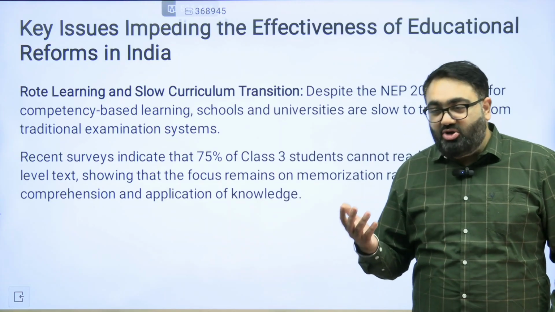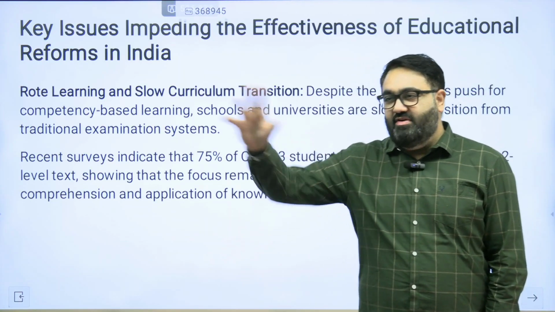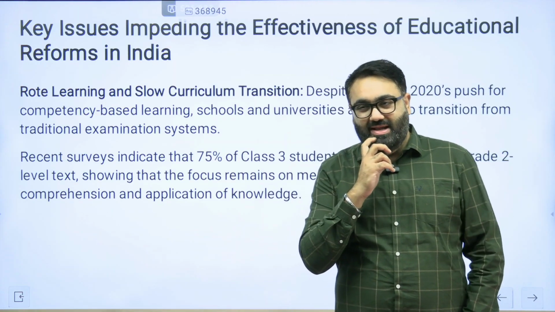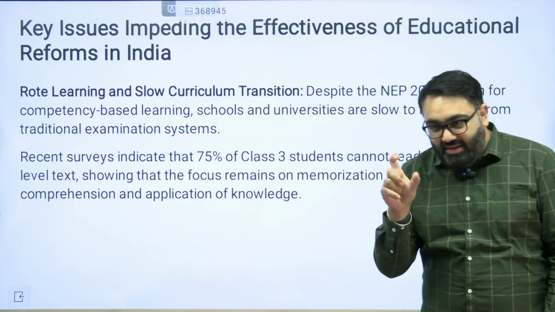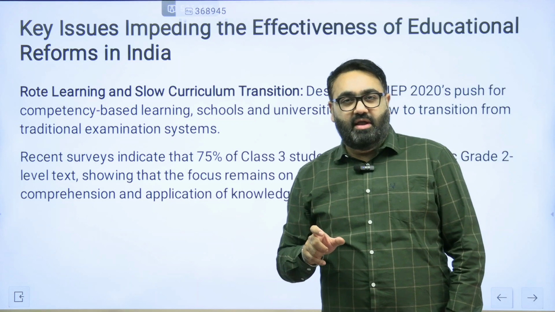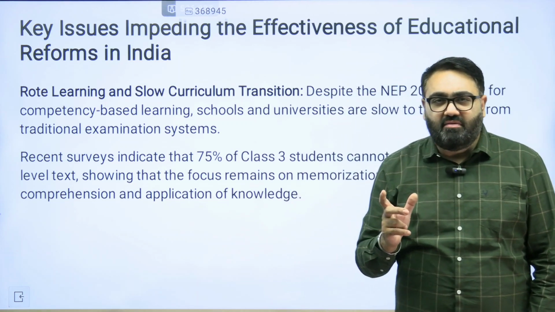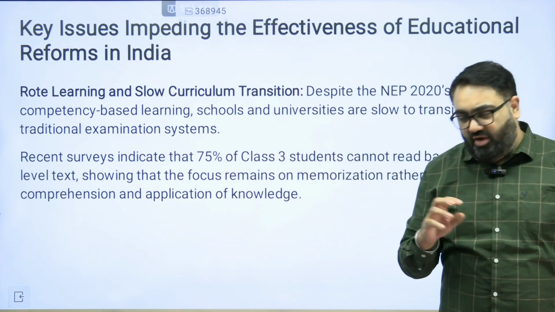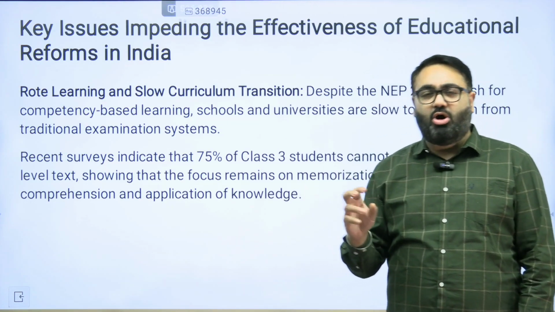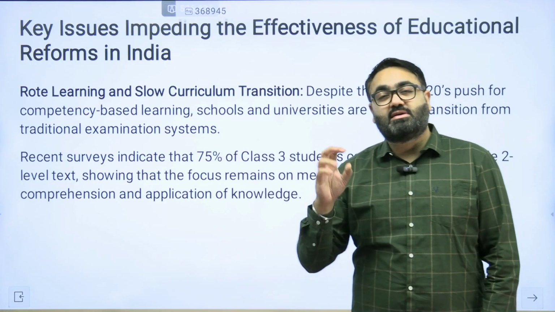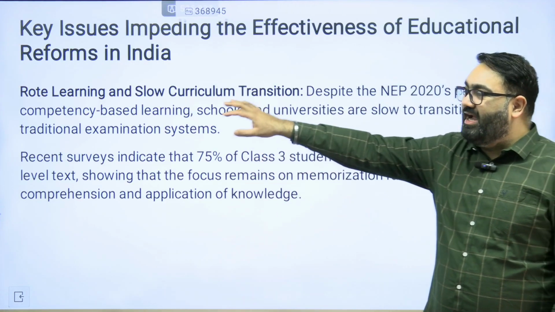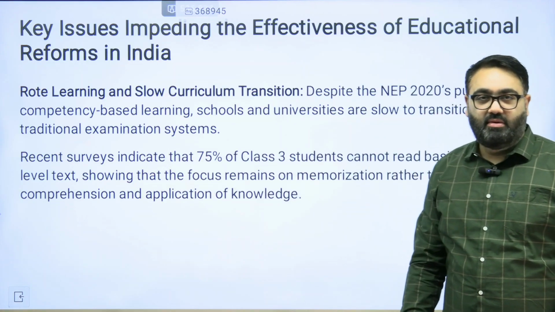This is a report that talks about facts such as 70% of class 5 kids can't solve a class 2 question, that highlights the gap in the learning level. If you are, for example, studying in class 5, you are expected to be able to solve a certain kind of question. If you are in class 2, you are expected to be able to solve a certain kind of question or read a certain level of text. This is where we have not seen the kind of results that we had hoped for.